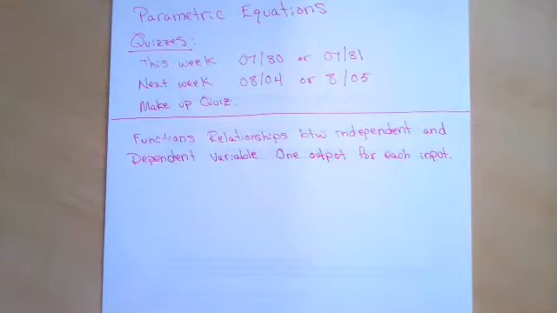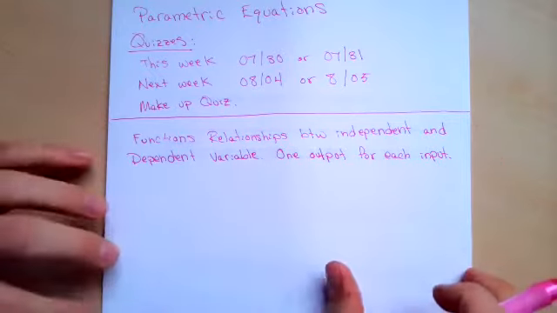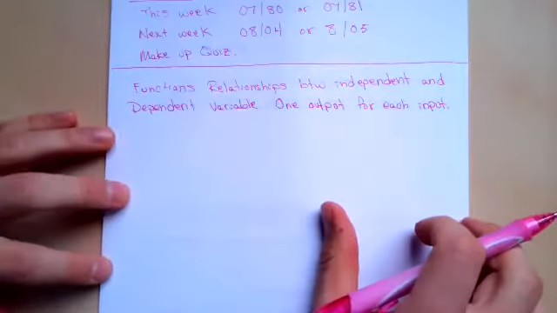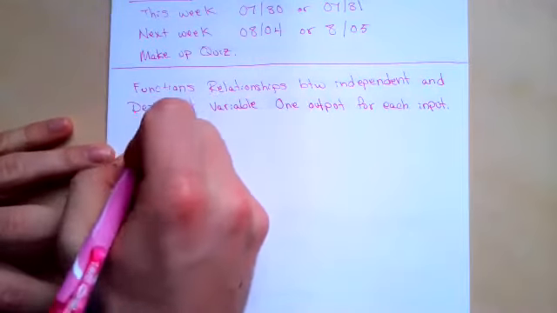So far in calculus, this has covered the basics of any time we want to relate 2 variables. Functions are essentially the first thing we're going to think of. But sometimes functions don't work. So for example, if we wanted to model a circle, what's our problem with a circle?